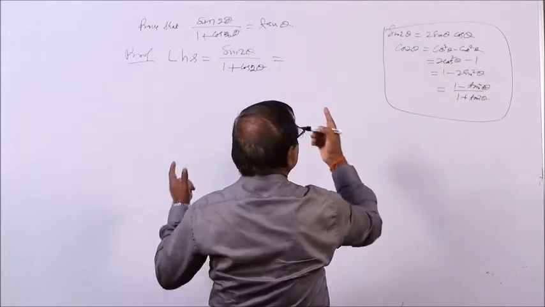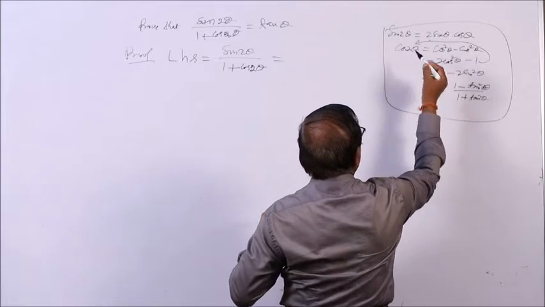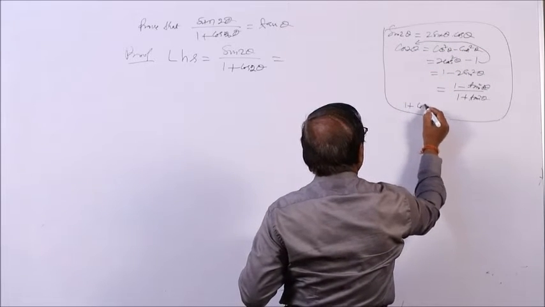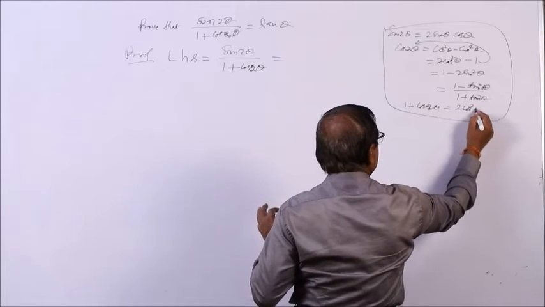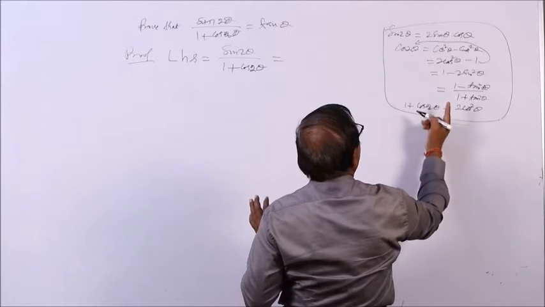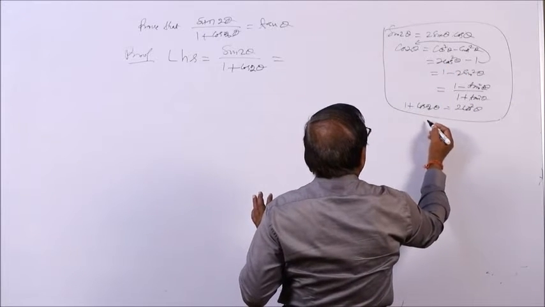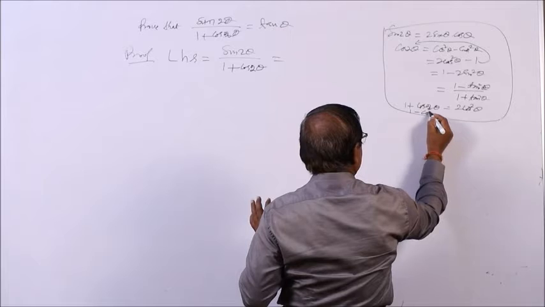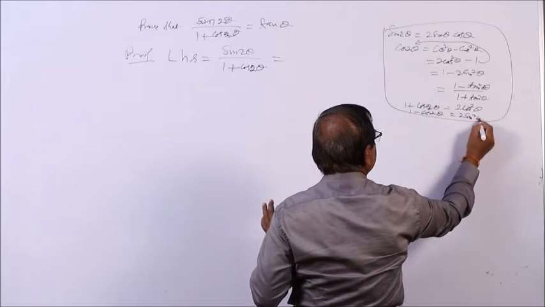You see what we can use here. 1 plus cos 2 theta is 2 cos square theta, and 1 minus cos 2 theta is 2 sin square theta, right.